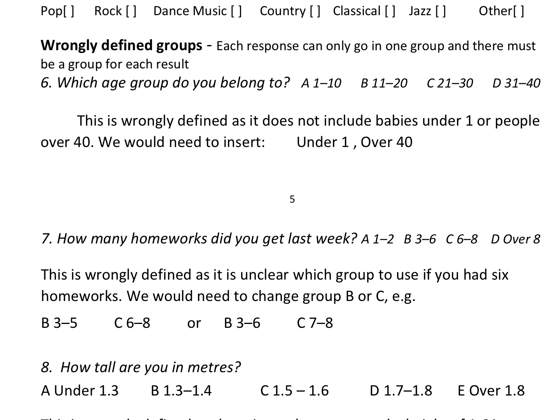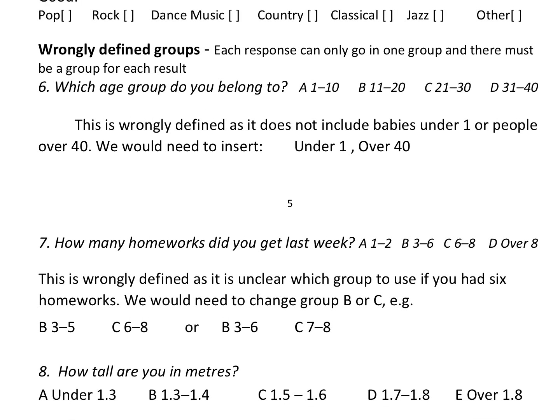Okay, how tall are you in meters? Under 1.3, 1.3 to 1.4, 1.5 to 1.6, 1.7 to 1.8, and over 1.8. So there's no overlap here, but the opposite is the issue. If you could fall in between these groups, you could be between 1.6 and 1.7, or in between 1.4 and 1.5.